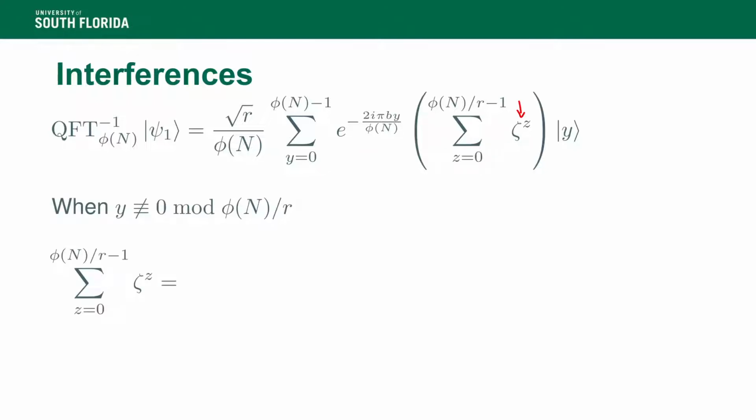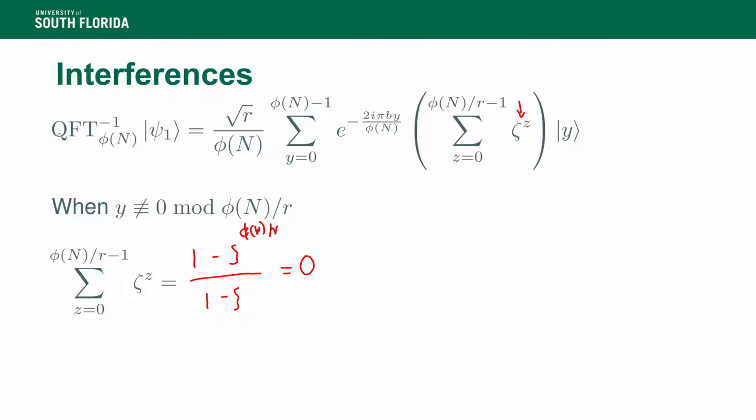Depending on the value of y, this sum is going to be very different. So if y is not congruent to 0 modulo phi of n over r, then we can simply write this sum as 1 minus zeta to the power phi of n over r, divided by 1 minus zeta. And because zeta is a phi of n over r-th root of unity, this is simply going to be 0.